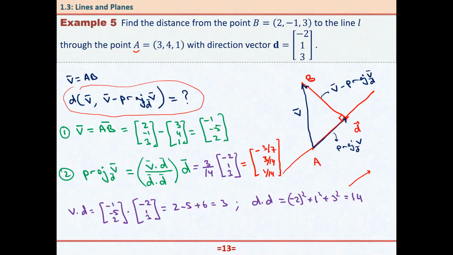Here, it should be the distance between this vector V and the projection of V onto D. Actually, we are talking about this vector and its length.